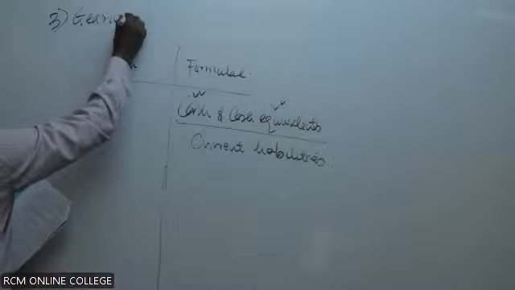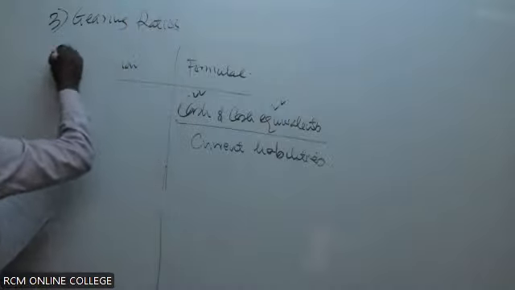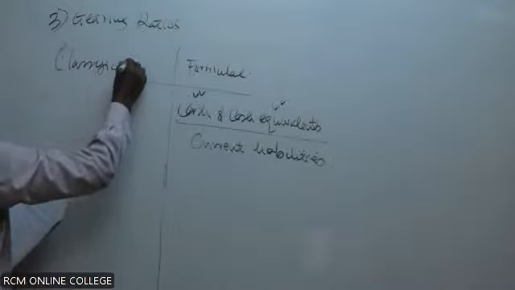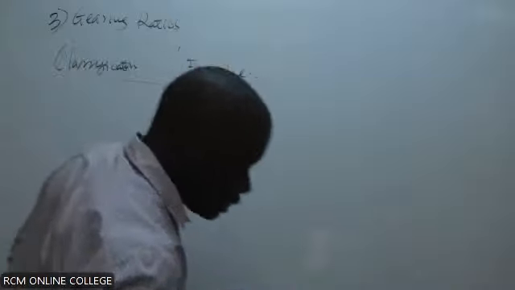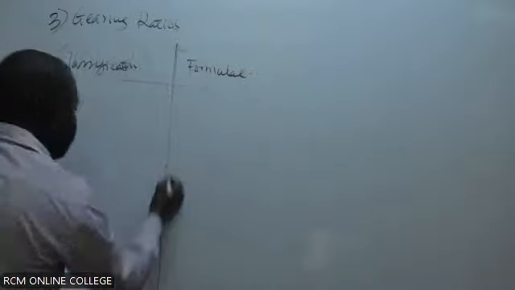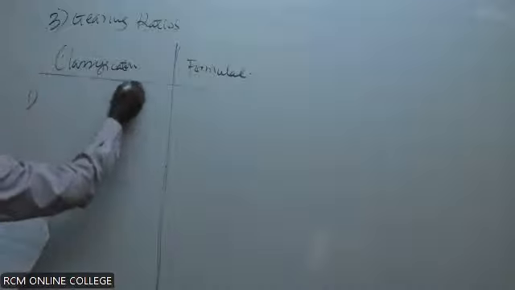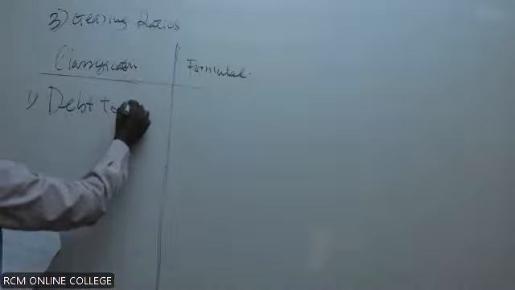For the gearing ratios, write the classification and of course the formula. So you put those two columns, the classification and the formula. The first one we're going to look at is the debt to equity ratio.